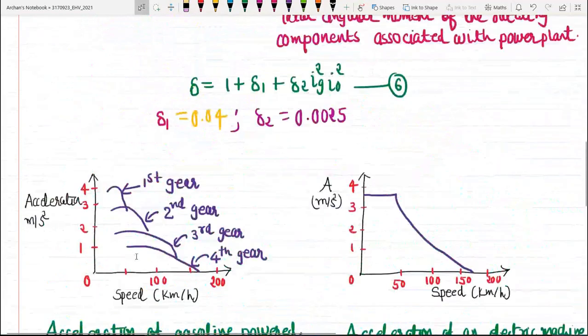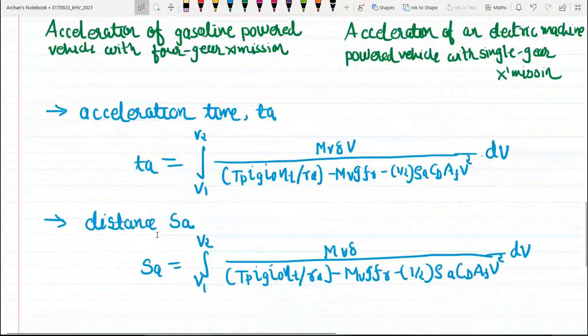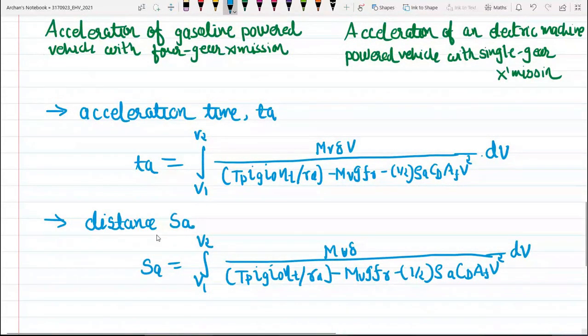Okay, so this will be my equation number 7 and equation number 8, acceleration time and the distance.